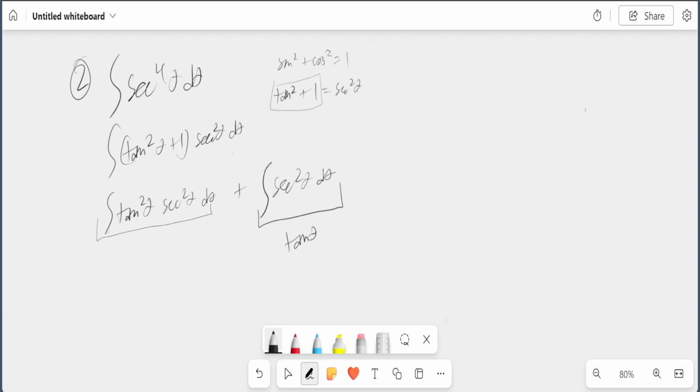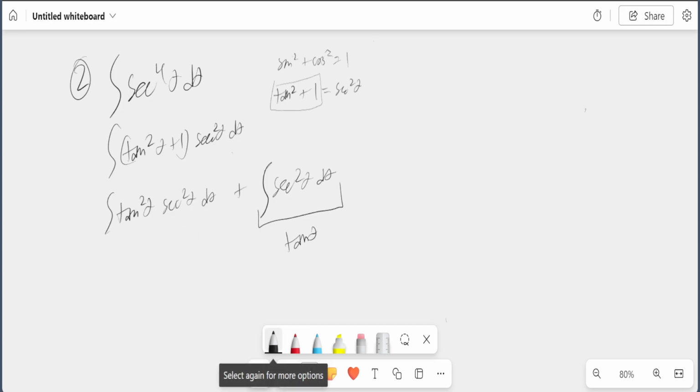This one, we could do, if I turn this into sine squared theta over cosine to the 4th theta, this probably doesn't work, but cosine squared theta over cosine to the 4th theta, yeah, because then if you split them apart, you get secant to the 4th theta, and then you don't know how to integrate that all over again, so that does not work.